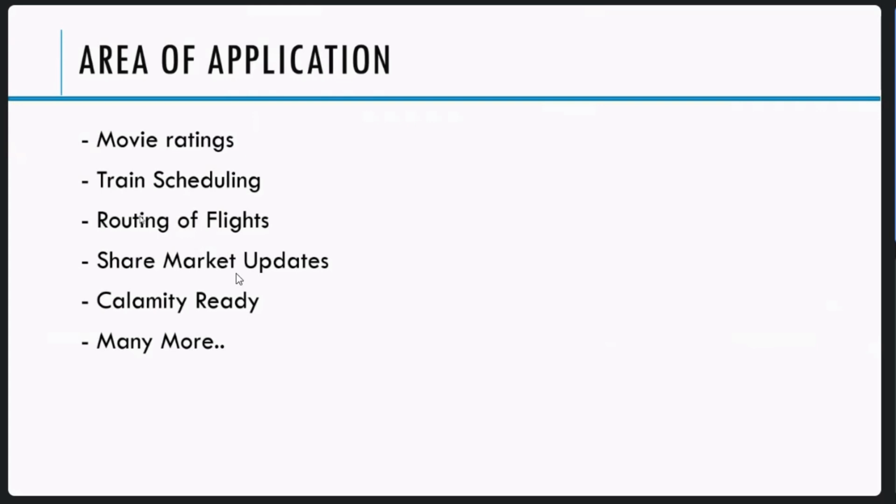That means it has crossed the budget, it has crossed the expenses of the movie, so it is a hit. And if it does not cross the expenses done for the movie, it is declared a flop.